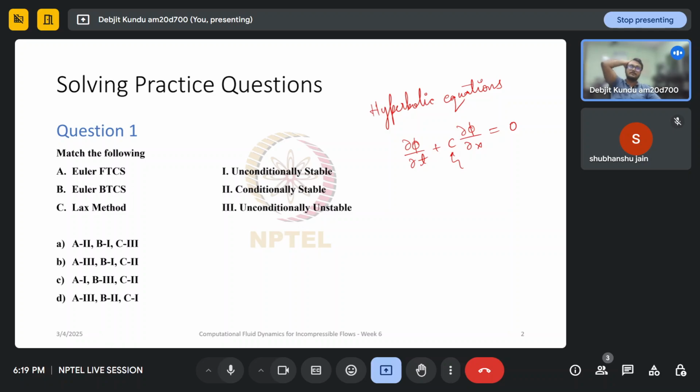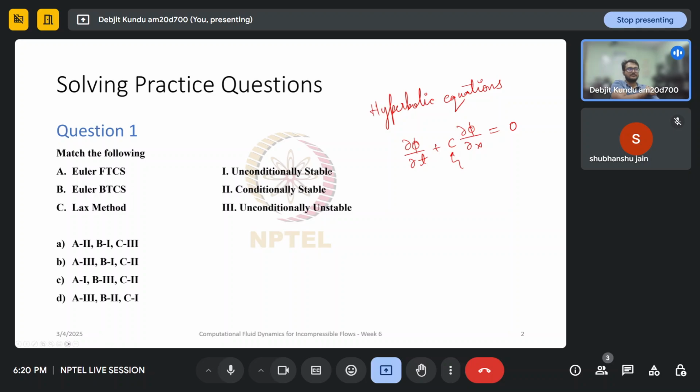There are many methods to discretize this, explicit ones, implicit ones. These are some of the explicit methods given in the left-hand column: Euler FTCS, Euler BTCS, Lax's method. Well, not all of them are explicit. BTCS is implicit. And we have conditions of stability on the right-hand side.